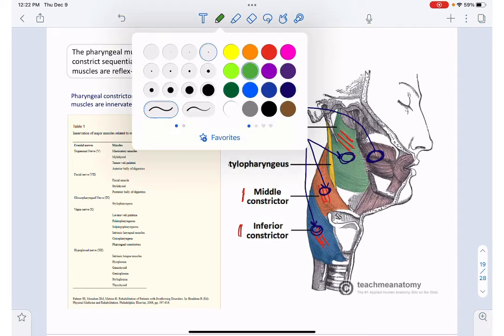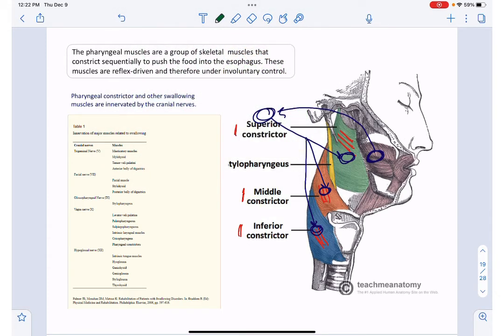And as each one of those contracts, it's pushing that food bolus down through the pharynx and into the esophagus. And guess what type of nerves are going to come from the brainstem and cause constriction of these pharyngeal muscles? These are cranial nerves. And there's a lot of problems that can occur with swallowing. And a lot of that is nervous system related.